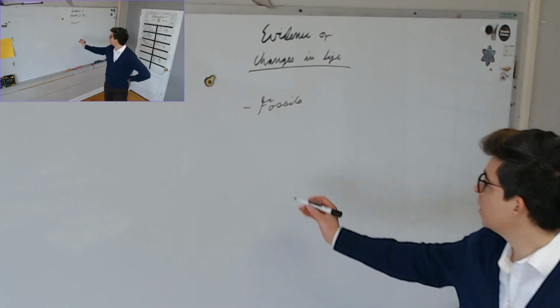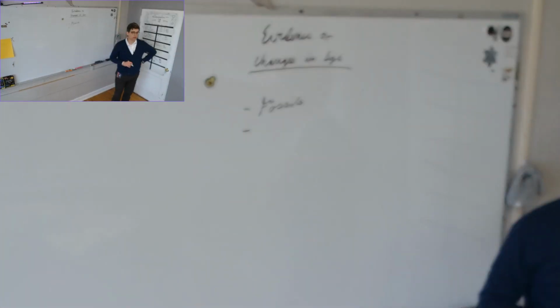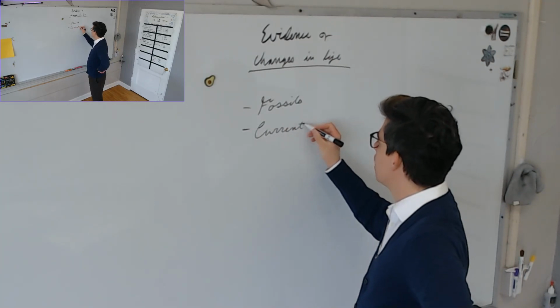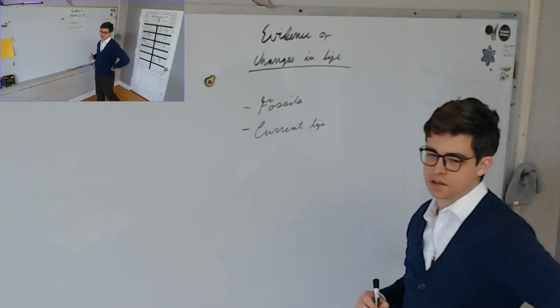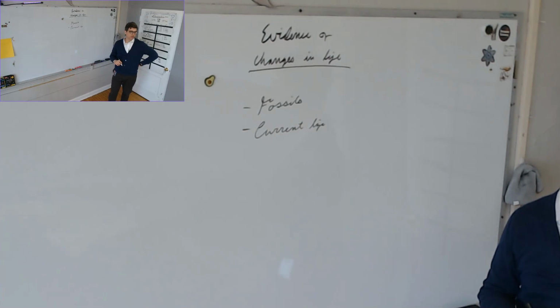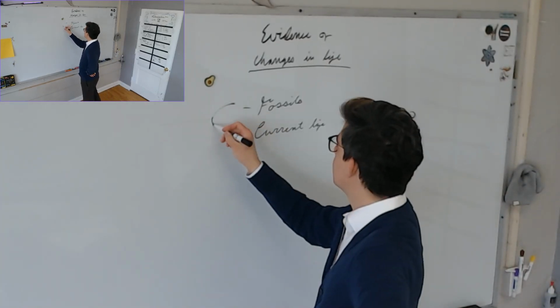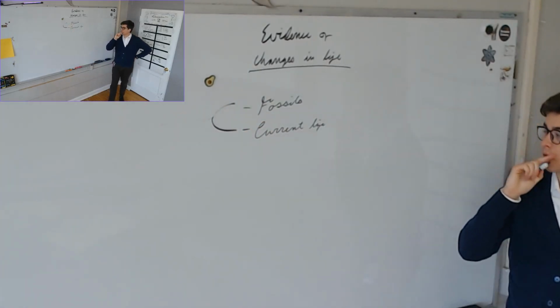What else can we use as evidence for life on Earth's history? Yeah, current life. Really, these are the two prongs of the pitchfork of let's learn about how life used to be: fossils and current life. Those things are obviously related.